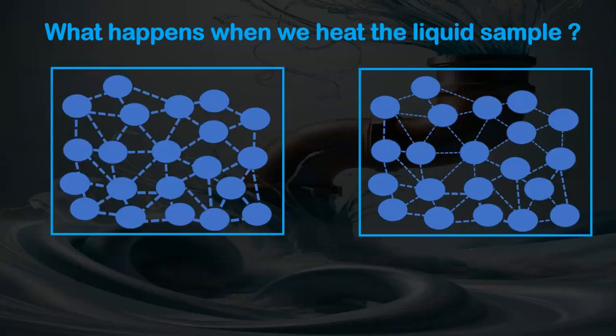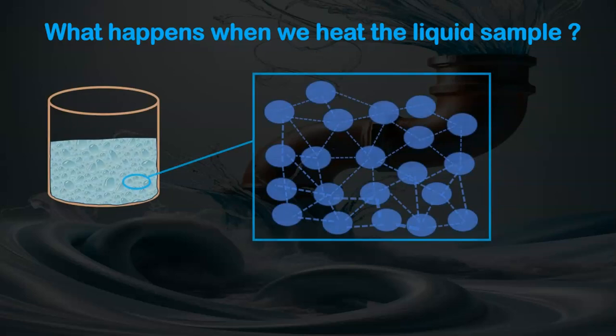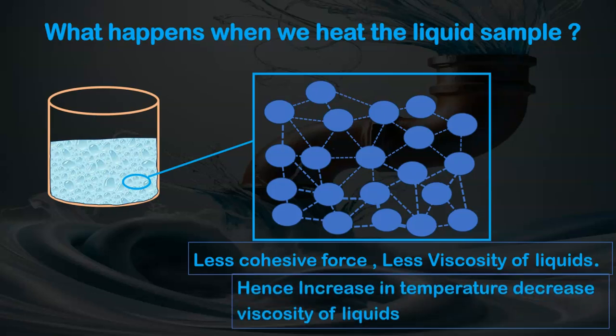You can see the microscopic view before heating, and after heating, the heat energy is used to reduce the thickness of bond or cohesive forces among the molecules. So after heating, the thickness of the cohesive bond has reduced. So there will be less cohesive force, that means there is less viscosity of liquids, hence increase in temperature, decrease viscosity of liquids.